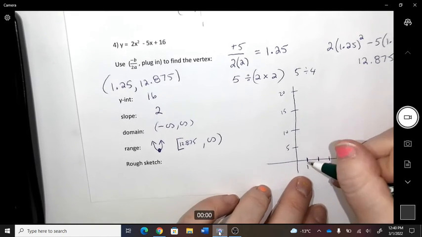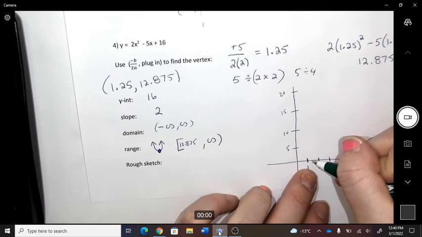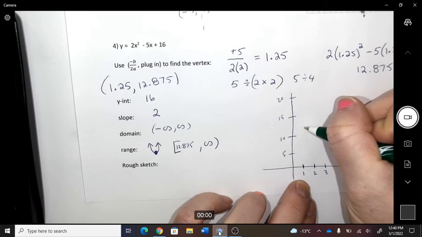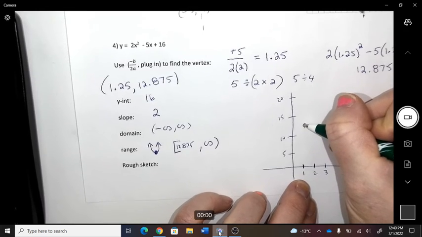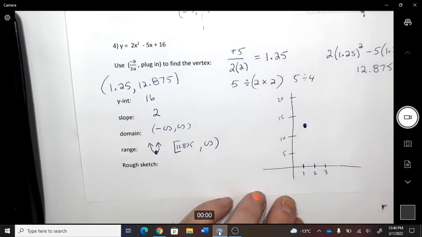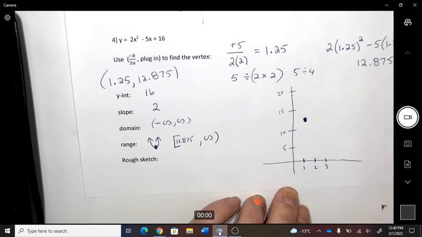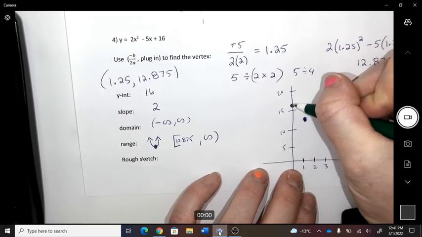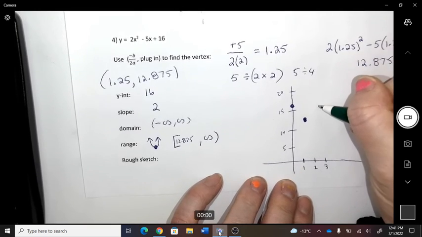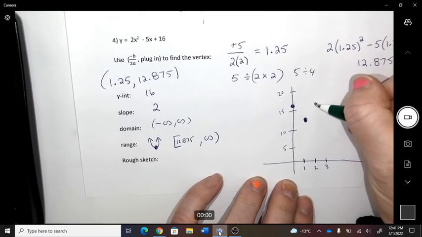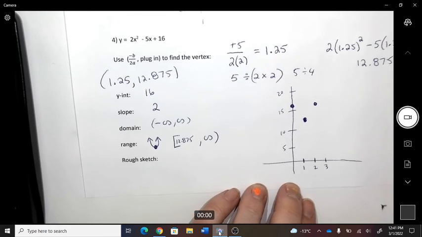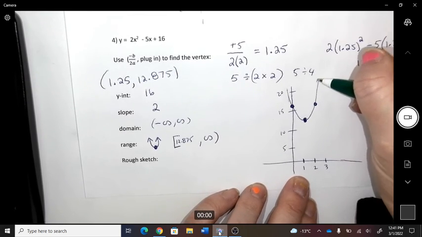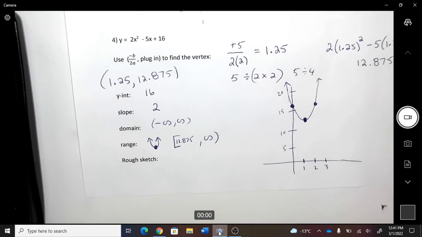So I know 1.25, comma, 12.875, somewhere in the middle. And I know my Y-intercept is 16, which would flip a symmetric point over there somewhere. And that's good. Just a rough sketch of the idea.